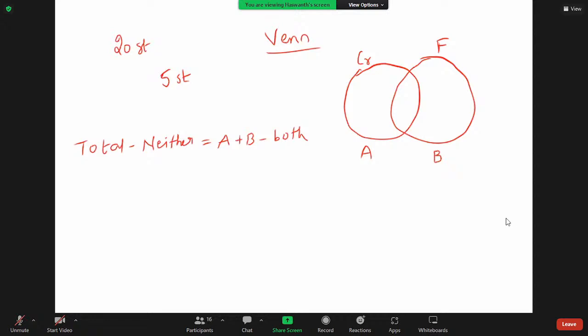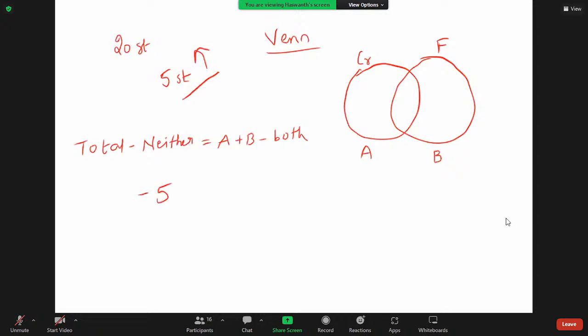As they are not playing cricket, they will not be involved in the cricket set. As they are not playing football, they will not be involved in set B either. These 5 students are not included in set A nor included in set B. They stay out of these two sets, which is the value of neither.